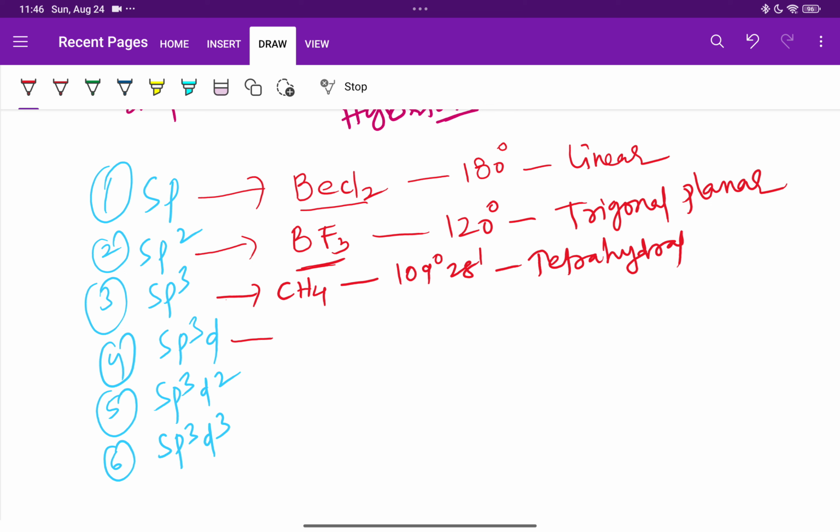Next, sp3d: PCl5 is the better example, and here the bond angles are 90 and 120 degrees. This is phosphorus pentachloride, and the shape is trigonal bipyramidal.